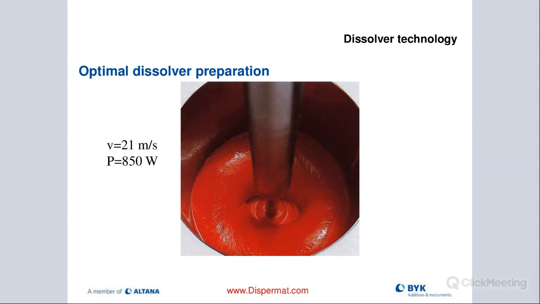So here is an example of a really good optimized dissolver batch with a nice looking donut. We have 21 meters per second of tip speed, 850 watts of energy input, and basically that gives us a real good looking donut, and it's optimized.